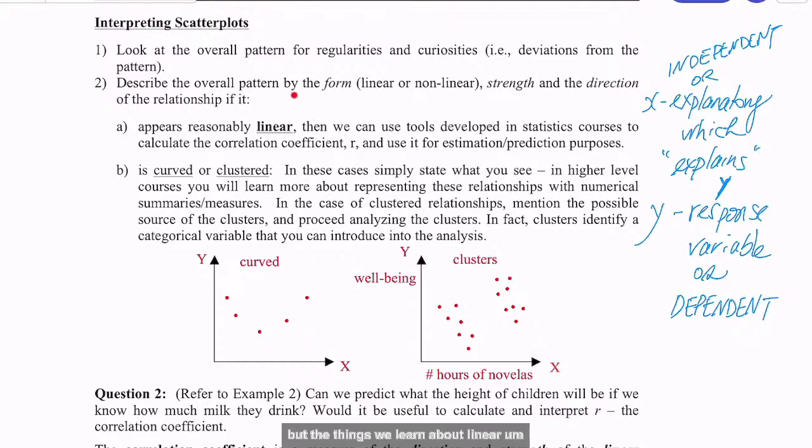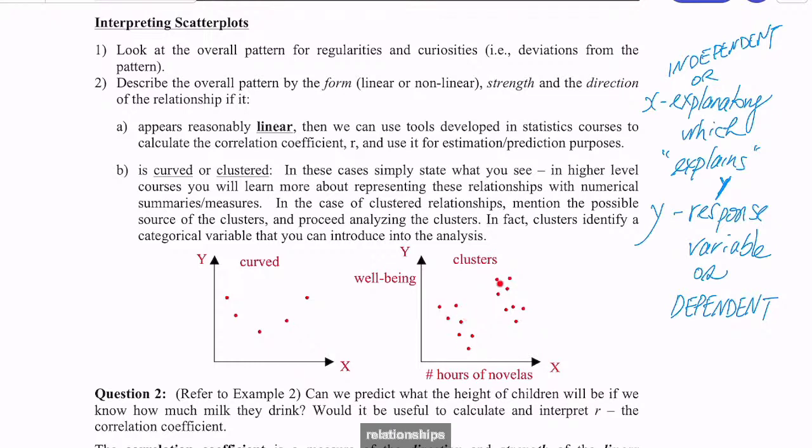But the things we learn about linear relationships don't apply to curved ones unless you transform them into a line. Anyway, I'm not going to get into the transformations, but you can do that if you learn how to do that.